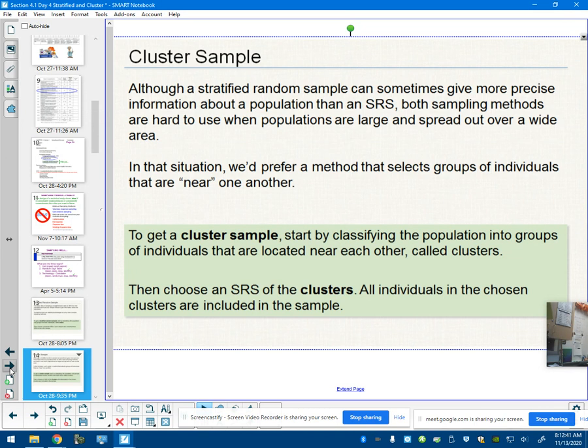Like if you were going to try to take a survey of how the suburbs of Cleveland feel about things, you might randomly pick a few suburbs or pick a few blocks in suburbs or neighborhoods and go ask the whole neighborhood. It's not as good as stratified, but it does save a lot of time.